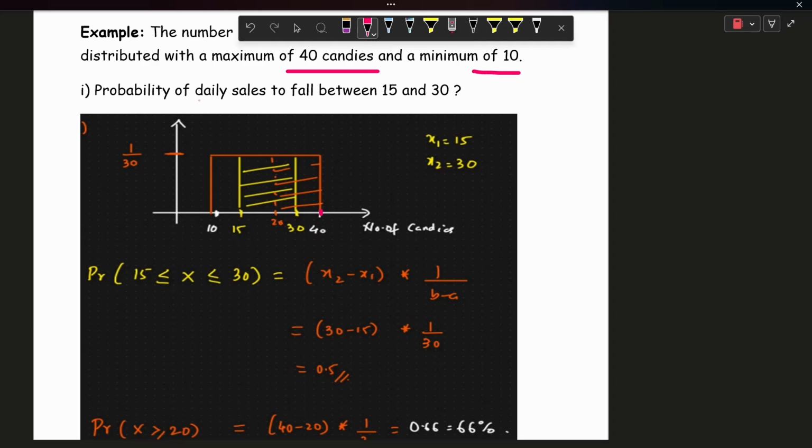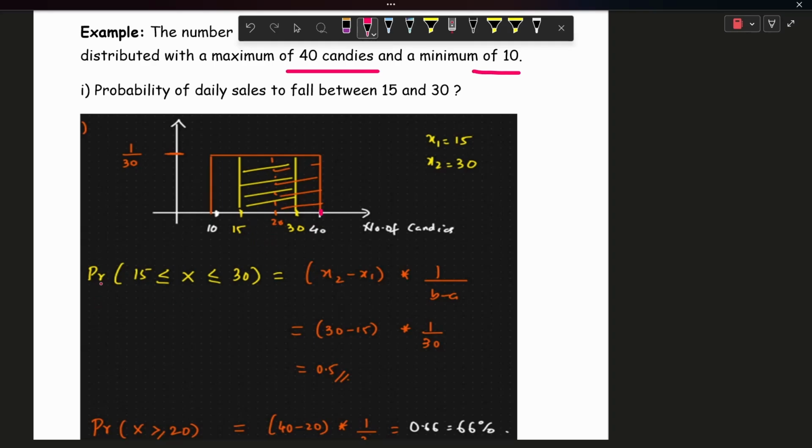What is the probability of the daily sales falling between 15 and 30? We have to calculate this yellow part. Using this continuous uniform distribution graph, we can get many insights like this.